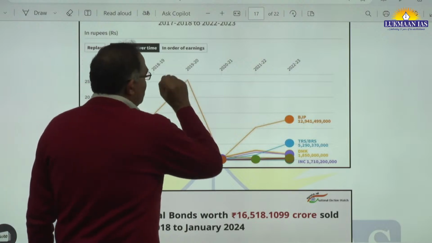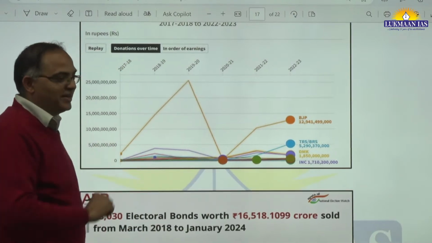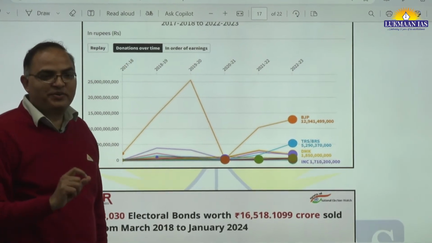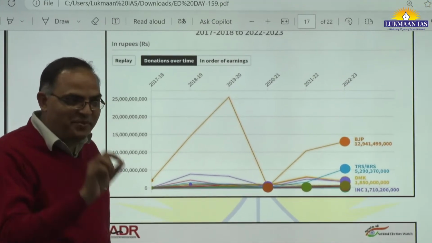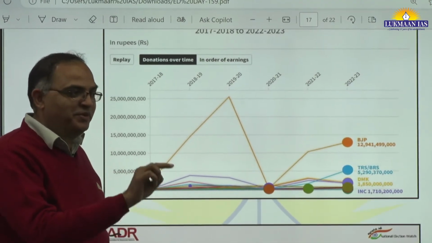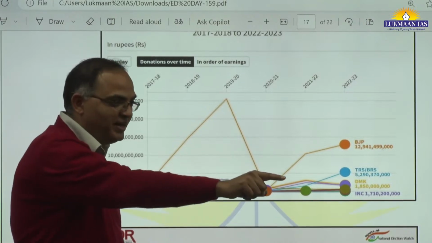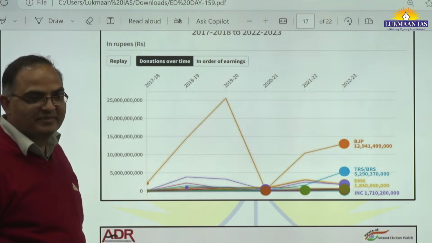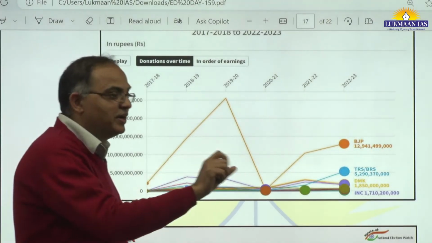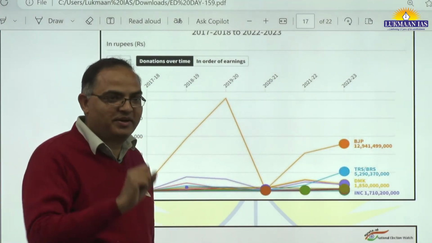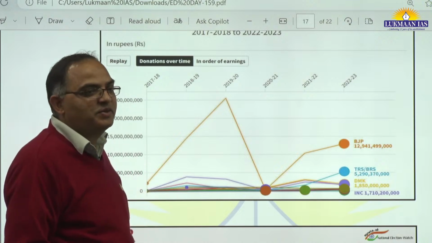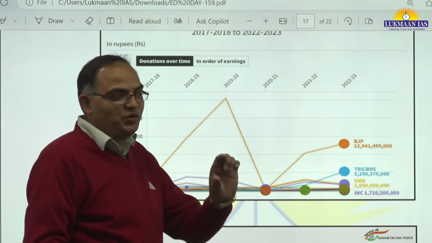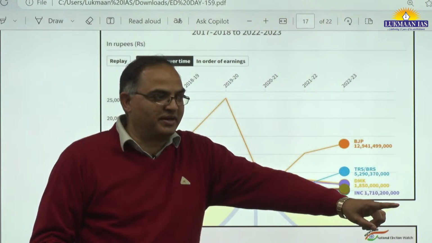Interim order means in 2019 the Supreme Court gave an order. What order did it give? You have to disclose details about the funds to the Election Commission of India in a sealed cover. This sealed envelope is how sealed cover is used nowadays. The Supreme Court gave this order that you have to disclose to the Election Commission of India.